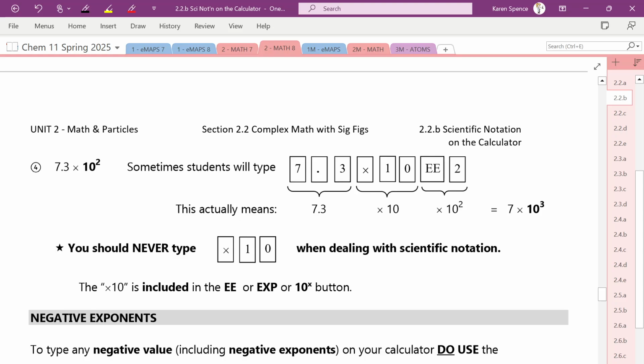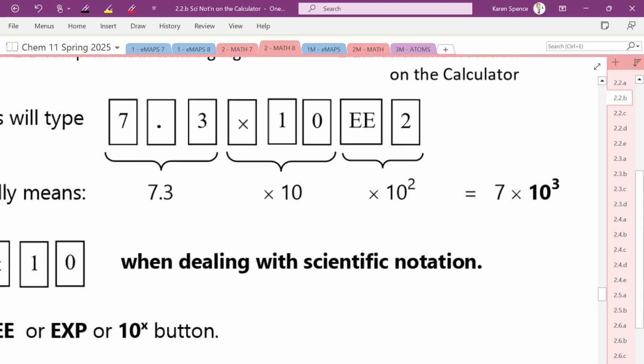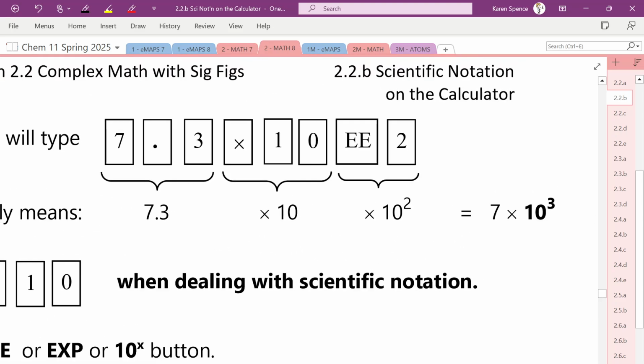Here's an extra thing that people do. They will use the EE button. Can I have a vote? Vocab sheet, yes. They will use the EE button, but they will also multiply by 10. Right? They'll be like times 10, right?